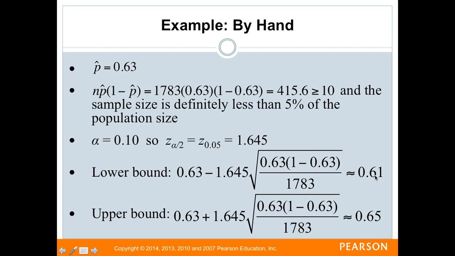So 0.63 is smack dab in the middle between 0.61 and 0.65. This should always be the case. This is a really good easy check to make because all you're doing is adding and subtracting the same value. So you should end up with your p hat value right in the middle.